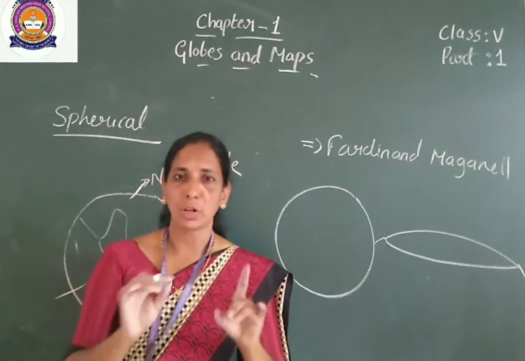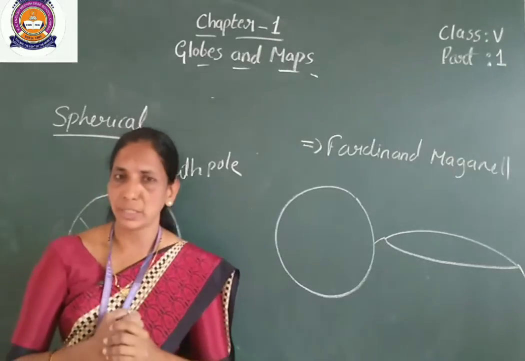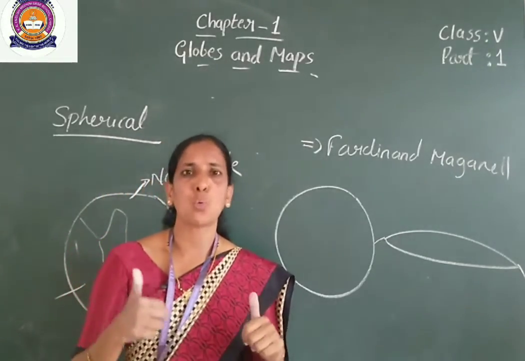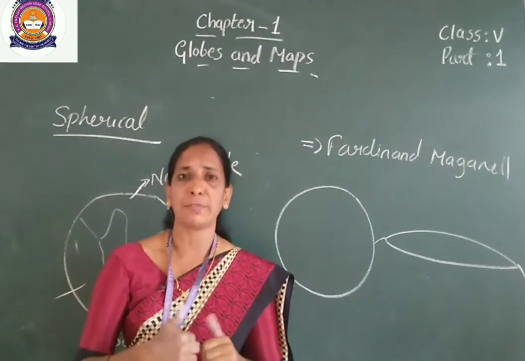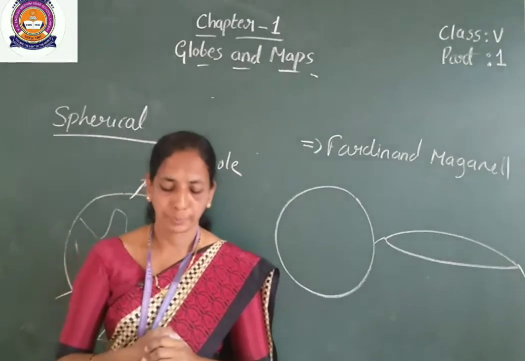Large land masses on the earth's surface are known as continents, and vast water bodies on the earth's surface we call oceans.